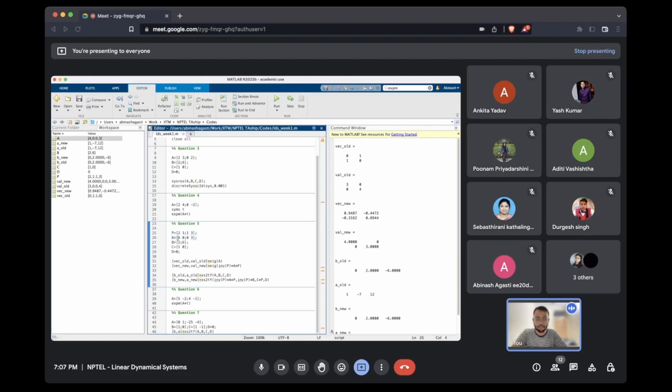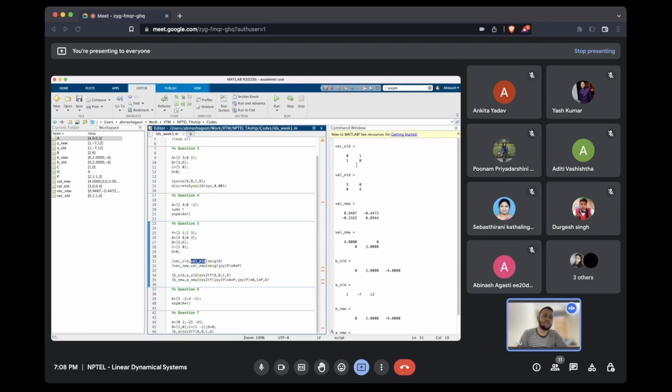Then I have some system A, B, C, D. Then eig provides an eigenvalue matrix and an eigenvector matrix. So the first output of this function will give me a matrix of eigenvectors, and the second thing will give me a diagonal matrix whose diagonal entries will be the eigenvalues.